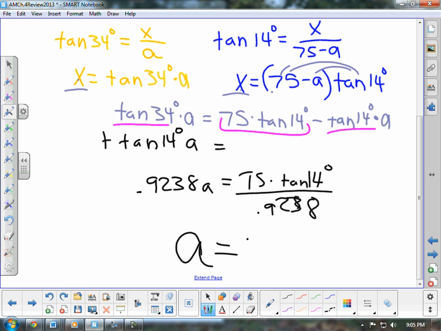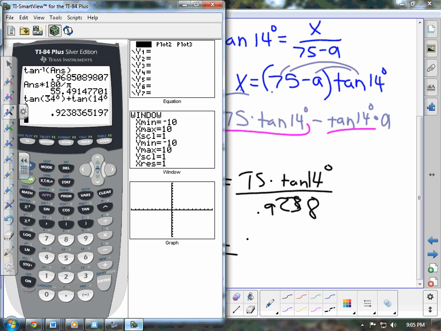And so then a is going to equal 75 times tangent of 14 degrees divided by the answer we just got.